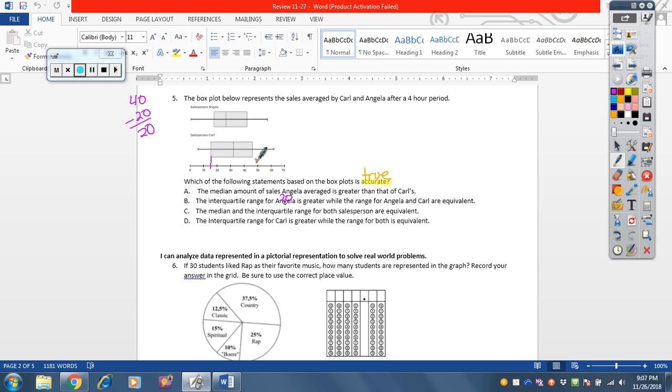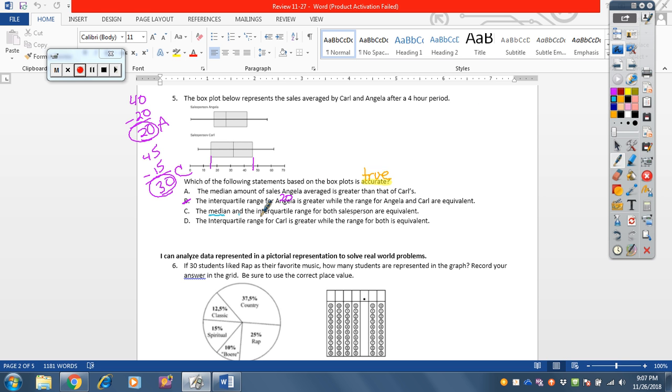I guess. For Carl, we have maybe 45 minus 15. So first of all, is the interquartile range greater for Angela? Angela's is 20 and Carl's is 30. I would say B is not correct. I don't even have to check the other piece of it.